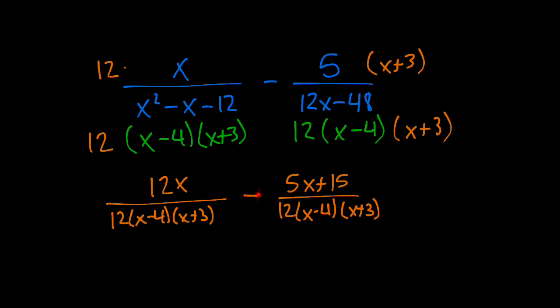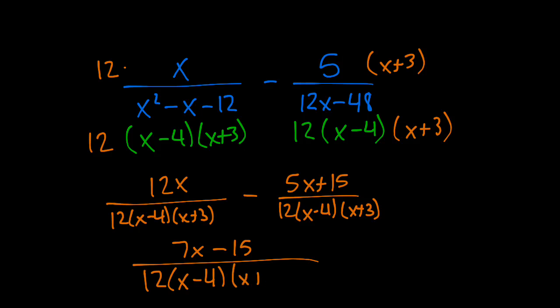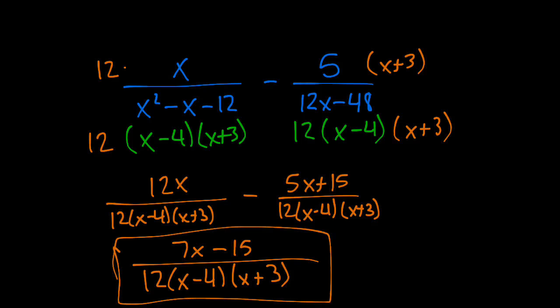Since we have subtraction with this fraction, we have to do minus 5x and minus that positive 15. Don't forget to distribute that negative when we subtract. So we do that subtraction. 12x minus 5x is going to give us 7x minus 15 over 12 times x minus 4 times x plus 3. There's nothing in the numerator that we can factor. That's as simplified as it can be, so we're good with our answer there.